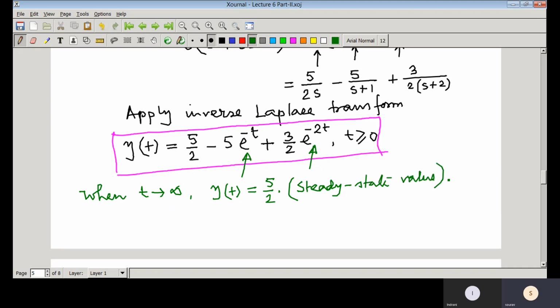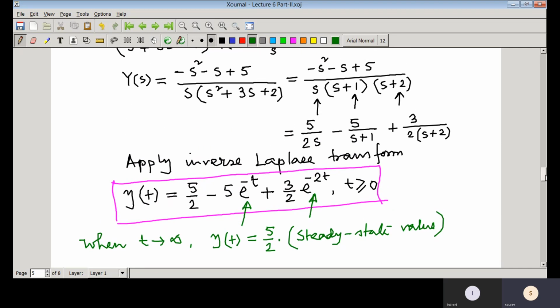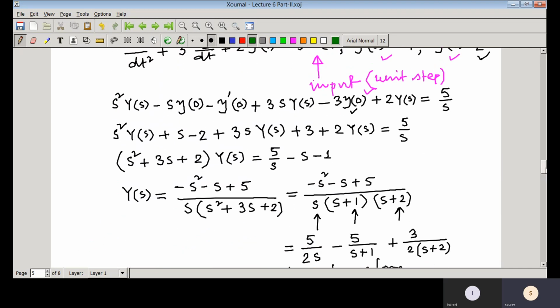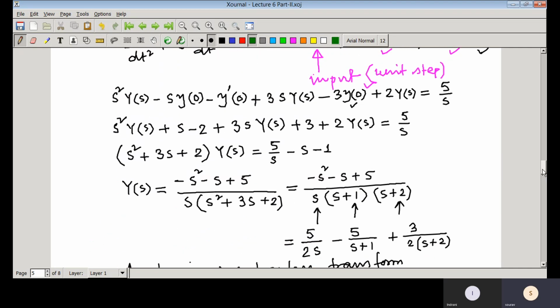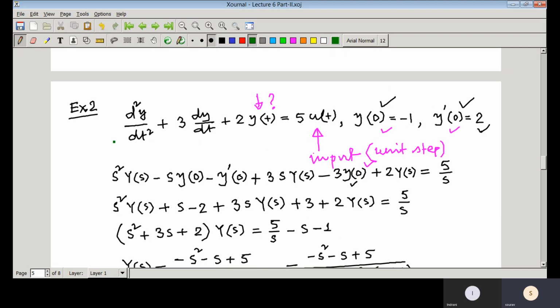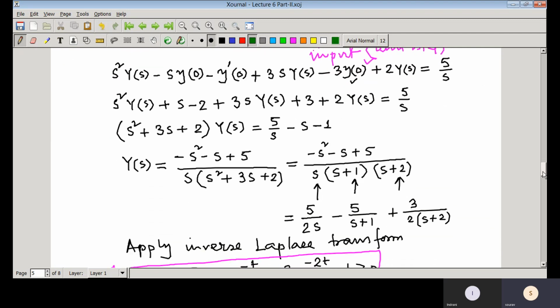Now if I ask you to find the steady state value for this particular system, can you find it? Yes, it can be found. First of all, if you take the Laplace transform, you get the expression for Y(s).